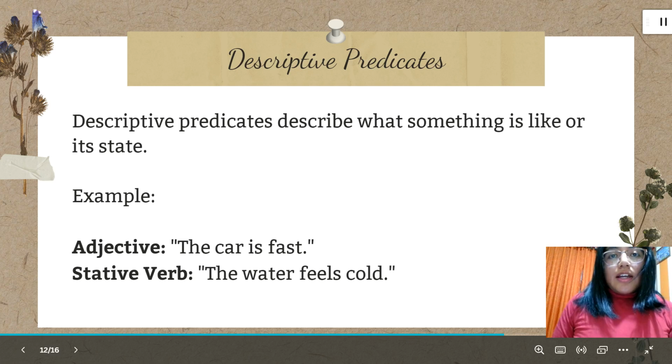And the other, the water feels cold. This describes the temperature sensation of the water. So these examples highlight how descriptive predicates can use both adjectives and stative verbs to convey information about attributes or a state in a sentence.